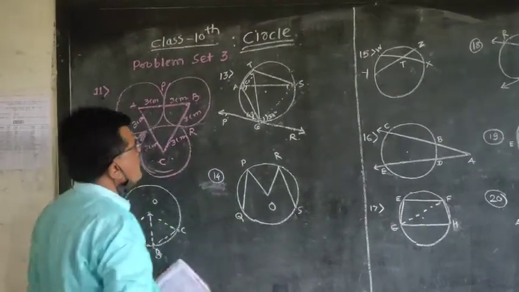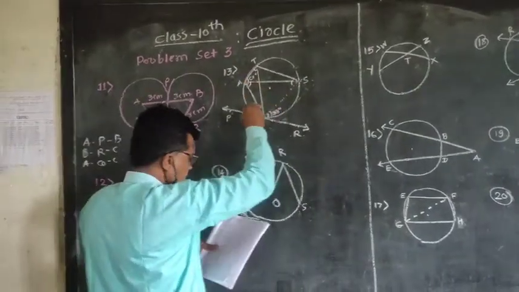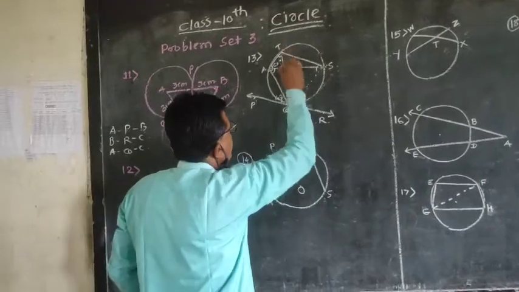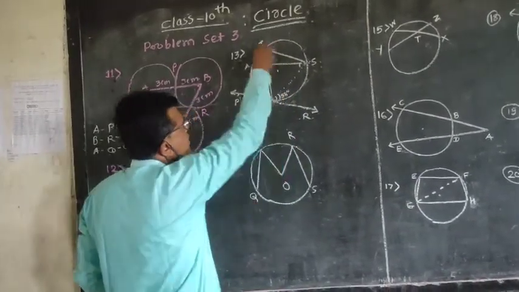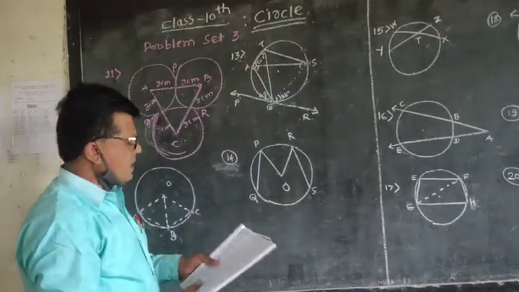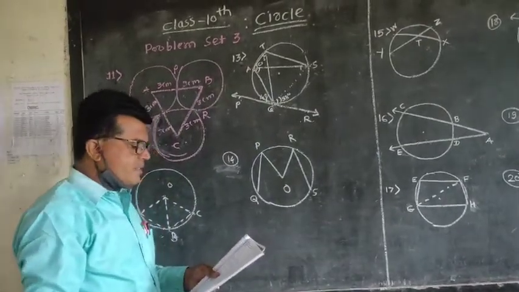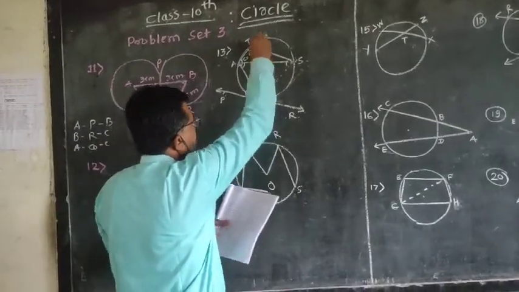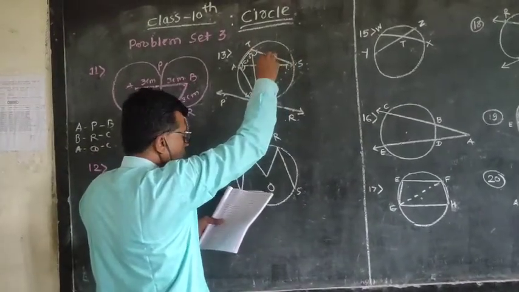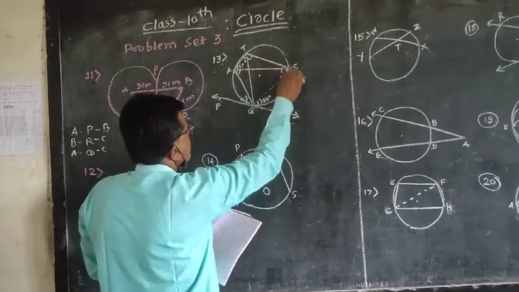Then angle AQP is equal to angle ATQ. It is by the tangent secant theorem. And angle QTS is then equal to angle SQR.